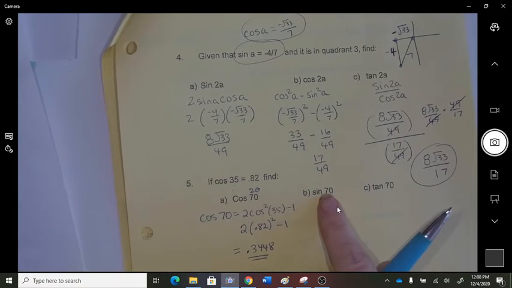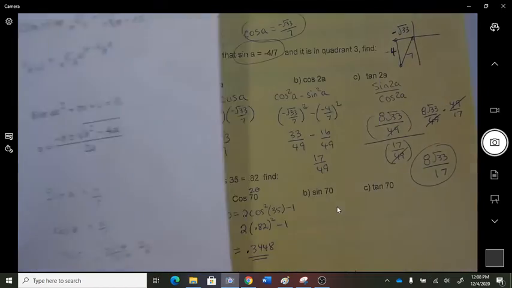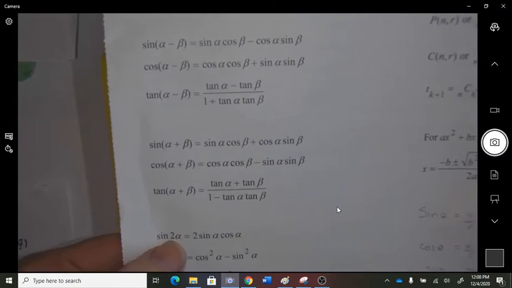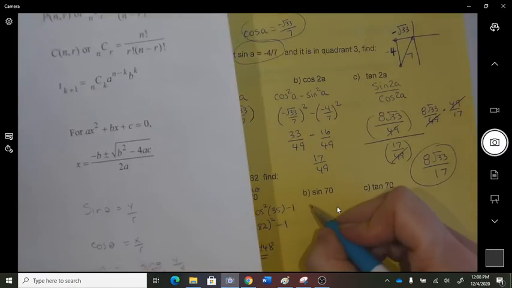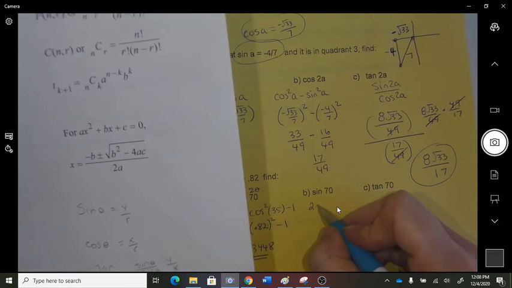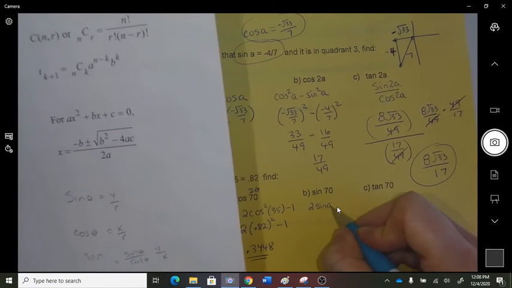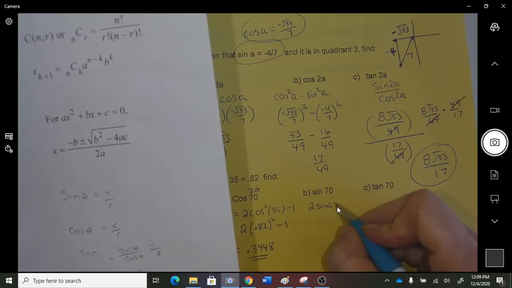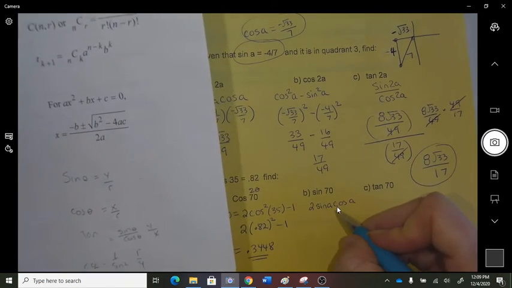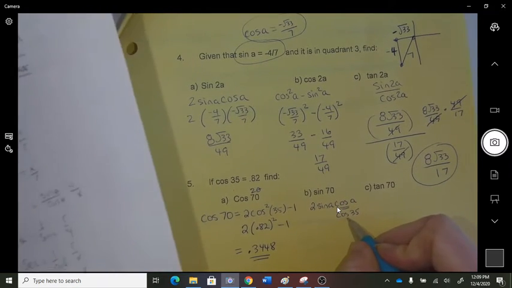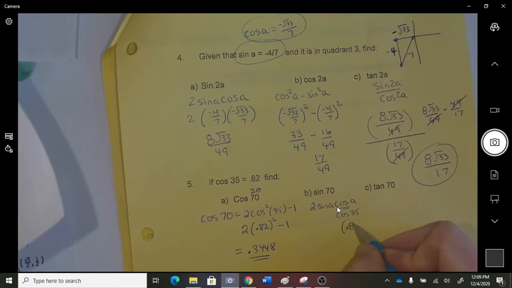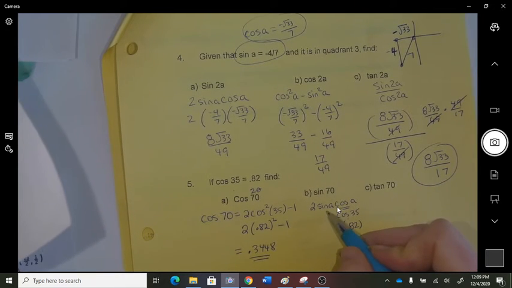Okay, the sine of 70, so I'm going to use this formula. Okay, so 2 times the sine A cos A. So I know this would be cos of 35, right? And I know that. So in that spot I can put 0.82 in. But I actually don't know what the sine A is.